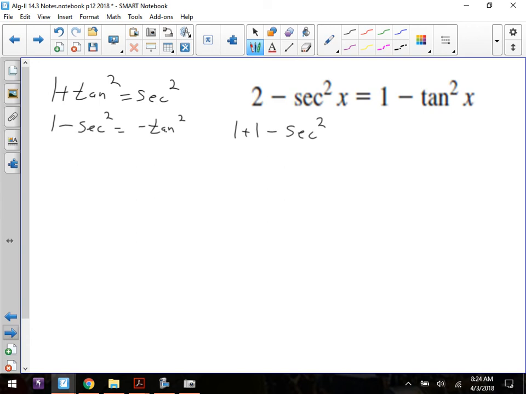Okay, so now I have 1 plus 1 minus secant squared. I didn't do anything yet. The 2 isn't over here. I wrote that just to show you that the next step is 1 minus tangent squared and I'm done.